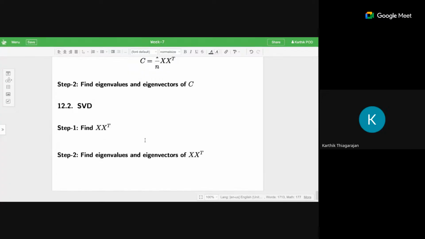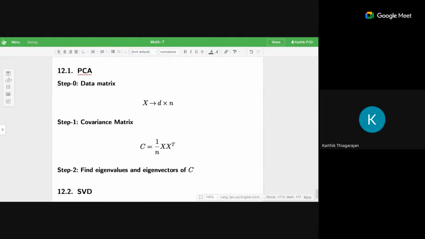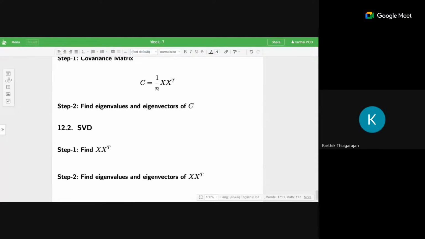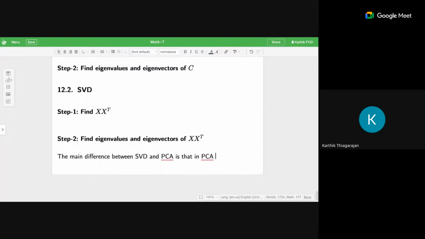Do you now see the resemblance between SVD and PCA? The main difference between SVD and PCA is that in PCA, you scale the matrix XX transpose and then do the eigenvalue, eigenvector decomposition.